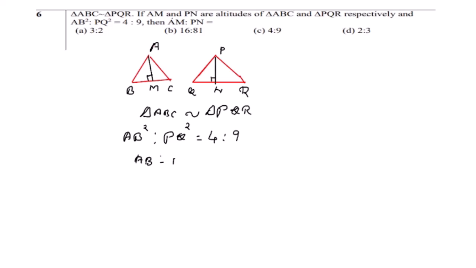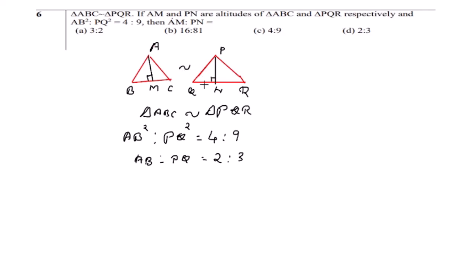The ratio between AB and PQ is equal to the square root of 4, which is 2, and the square root of 9, which is 3. So AB is to PQ must be equal to 2 is to 3, right? But we are given that triangle ABC is similar to triangle PQR.